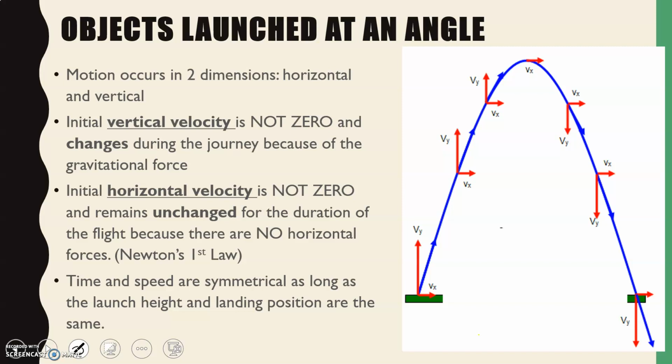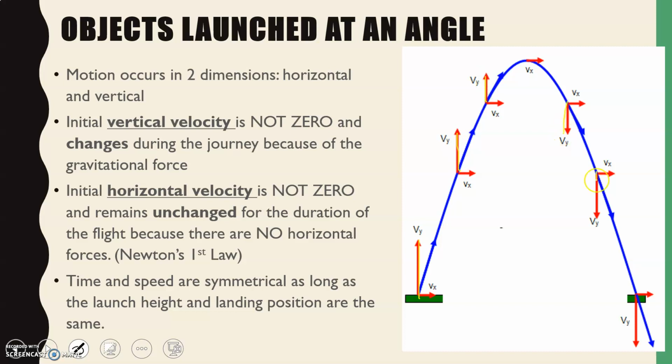All right, so in words, the motion occurs in 2 dimensions. So when we're talking about projectile motion, it is 2-dimensional motion. We are talking about vertical and horizontal components. For the initial vertical velocity, so remember vertical, we looked at all of these red arrows going up and down.